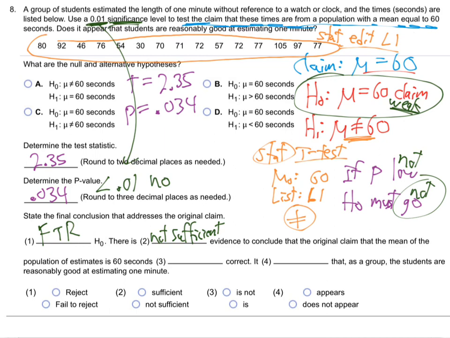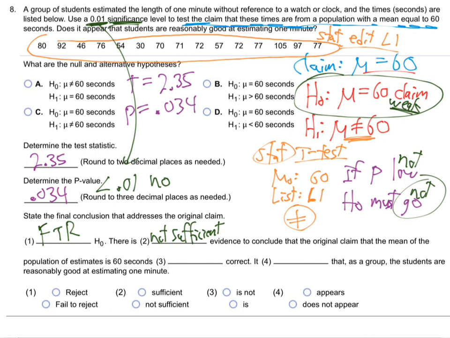I got to think about it. Original claim is. There's not sufficient. So think about what we did. We stayed with the H0. So there was weak evidence. There was not enough evidence to reject this. So there was not enough evidence, not sufficient, to conclude that the original claim that the mean of the population was 60. Oh yeah, here this is just original claim. Yeah, maybe I shouldn't be so confusing.